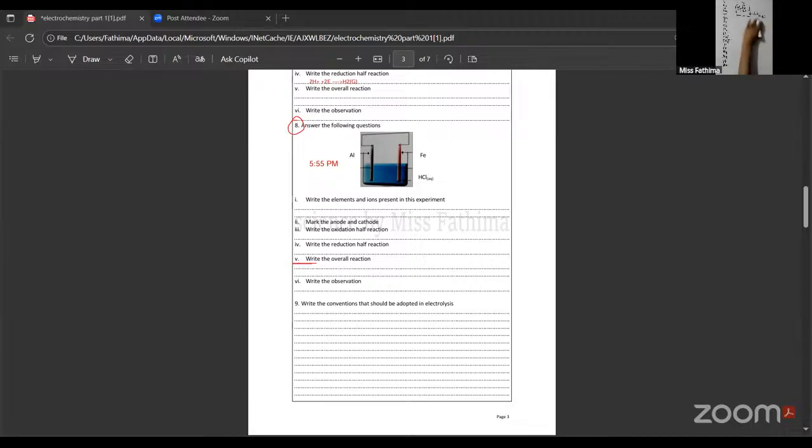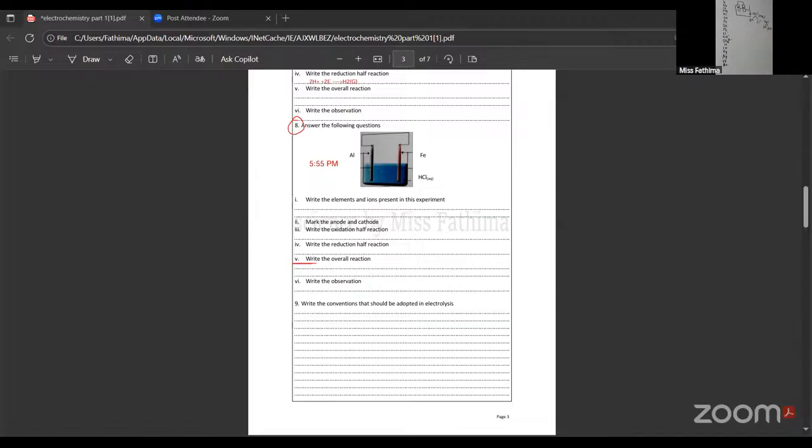Now what are you supposed to do? Hydrochloric acid will break down and produce H plus and Cl minus ions. Then you have water. If water breaks down, it will form H plus ion and OH minus hydroxide ion.